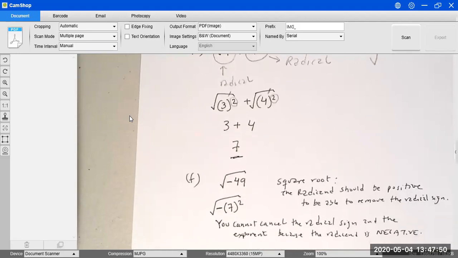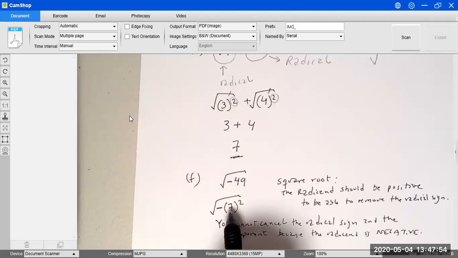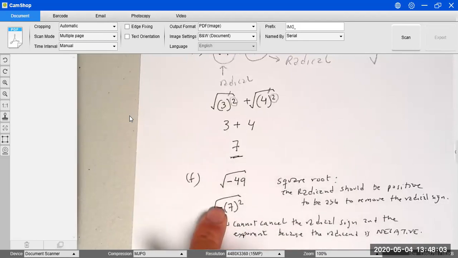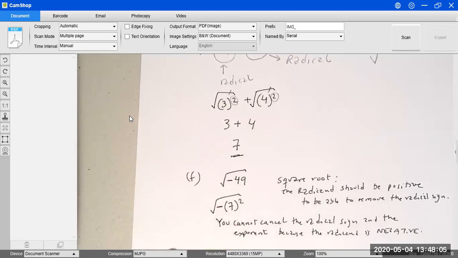So we need a radicand that is strictly positive. In other words, we don't need anything between the radical and this parenthesis, nothing, just the parenthesis next to the radical sign. So if you have a negative sign, that's a bad sign.